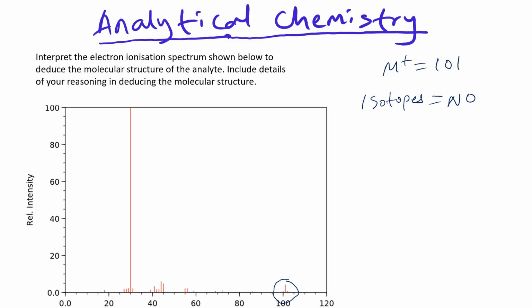The tallest peak is the base peak at 30, so you write base peak 30. You also have another cluster here, where the tallest peak is 44. So you also have a peak at 44.